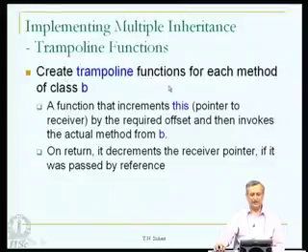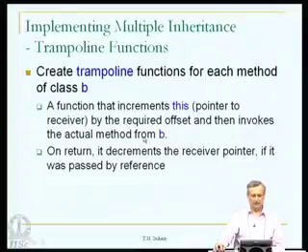We create a trampoline function for each method of class B. For example, a function that increments this pointer, that is the pointer to the receiver, by the required offset and then invokes the actual method from B. So, we were doing it by an explicit instruction; now we have a special function that increments the pointer by the required amount and then invokes the actual method from B. On return, it decrements the receiver pointer if it was passed by reference and then gets back.